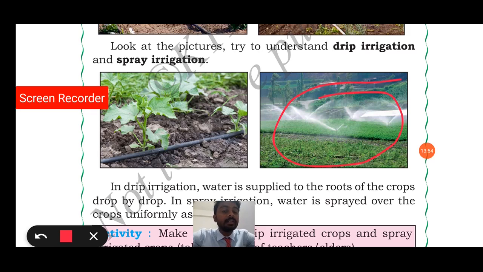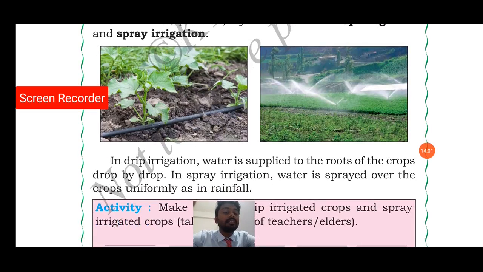See students, in drip irrigation the water is supplied to the roots of the crops drop by drop, through the small holes.